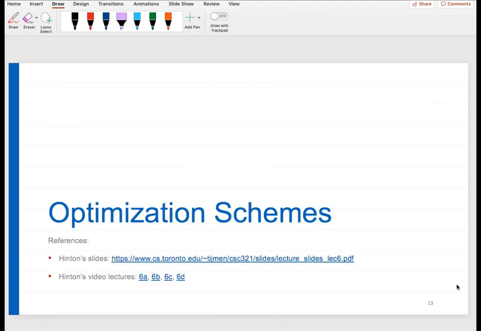Now let's come to optimization schemes. There are nice lecture slides by Geoffrey Hinton, who is kind of the father of deep learning, you can say. He's a professor at the University of Toronto, and now he's in Google.